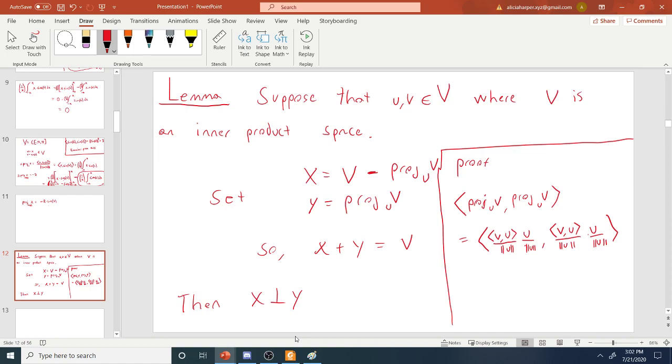I can now pull this factor and this factor out of the inner product by using the linearity of the inner product. And so this is the same thing as the inner product of v with u divided by the norm of u, all squared, together with the inner product of u with itself divided by the norm of u squared.